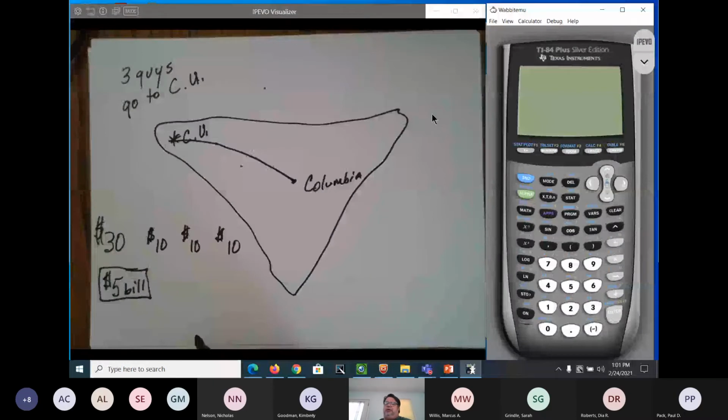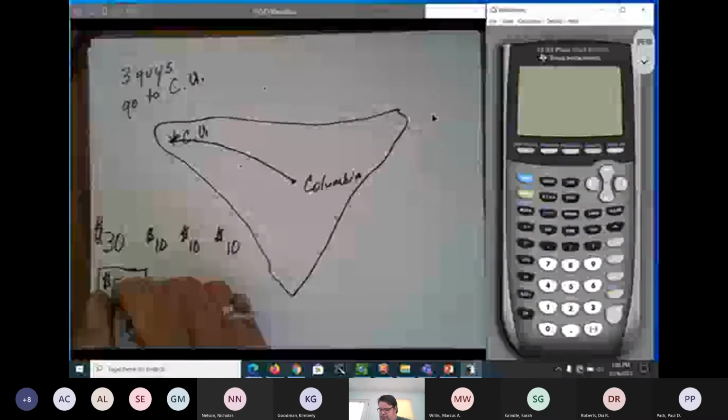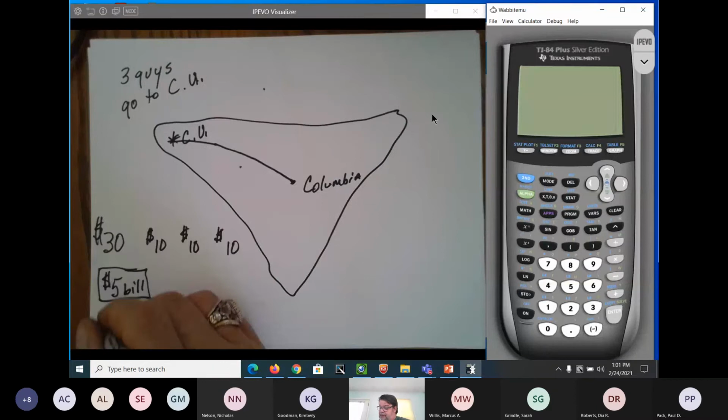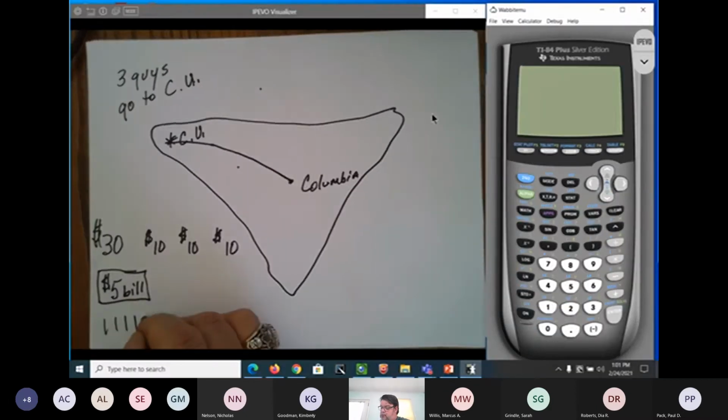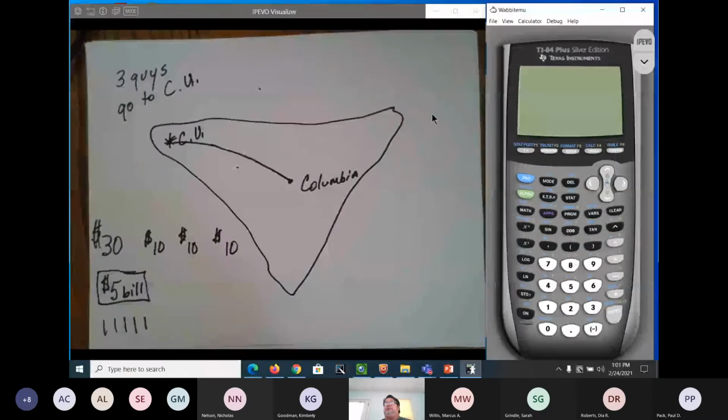So he runs back downstairs and tells his grandfather to give him 5 $1 bills. And he runs up the stairs, and halfway up, he says, oh my gosh, how am I going to give 5 $1 bills to 3 guys? I only got 5 $1.